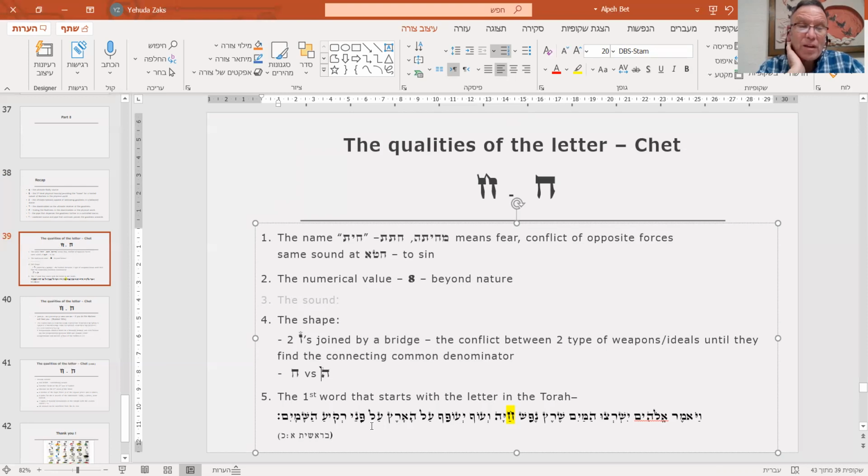So how do we bring this all together? What is this message for the Chet? The idea of the Chet is, we remember that before the world was created, everything was tohu vabohu.